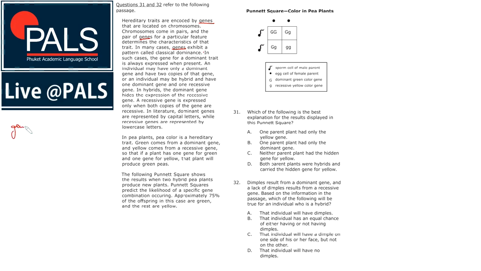So a gene is a length of DNA that codes for a trait or a protein which causes the trait in the end, and alleles are versions of a gene.